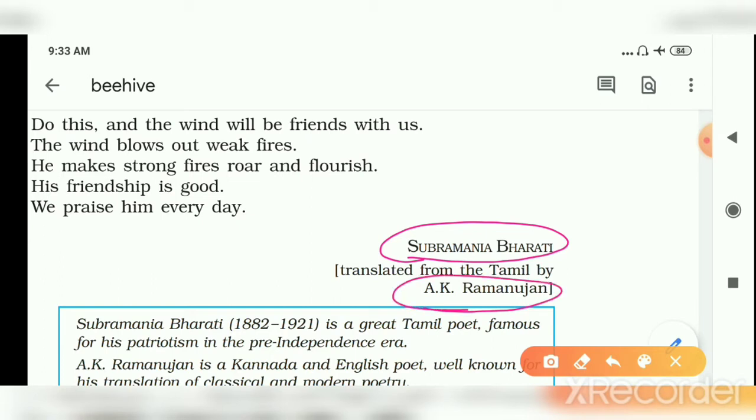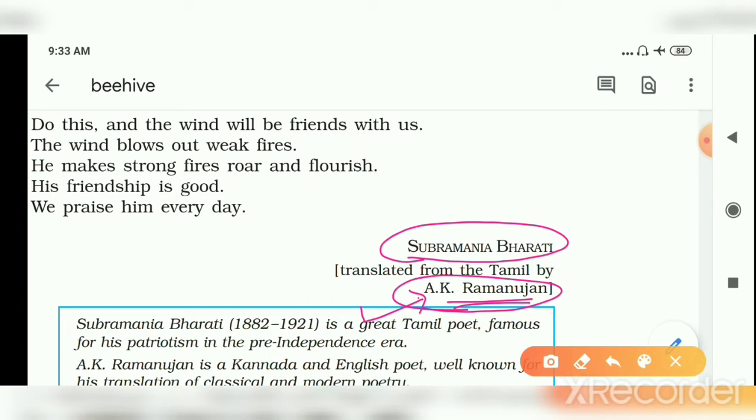In fact, basically this is not an English poem. This is a Kannada poem. A.K. Ramanujan is a Kannada-English well-known poet in India as well as abroad.